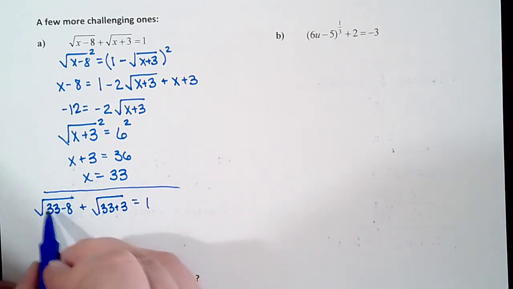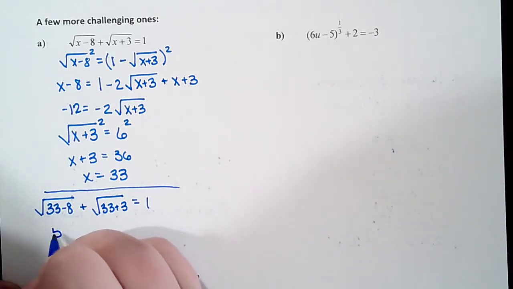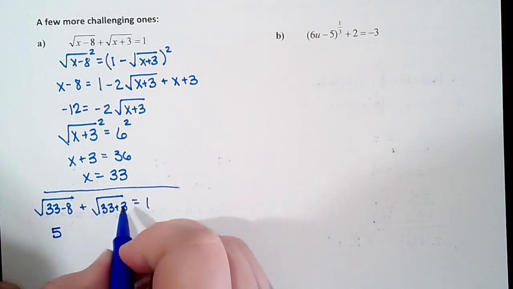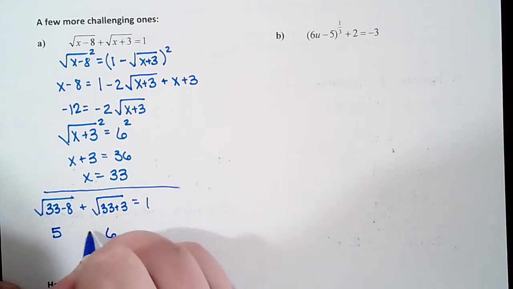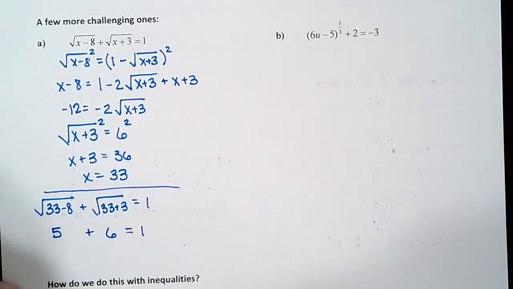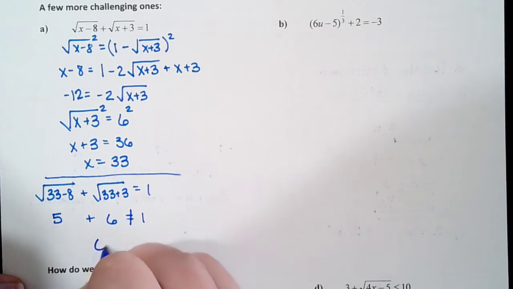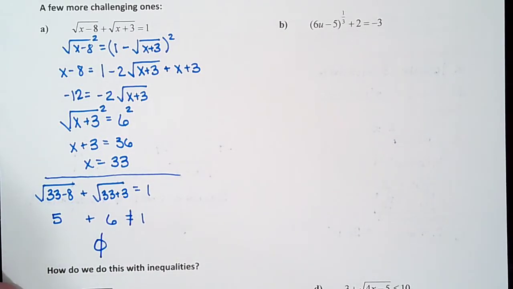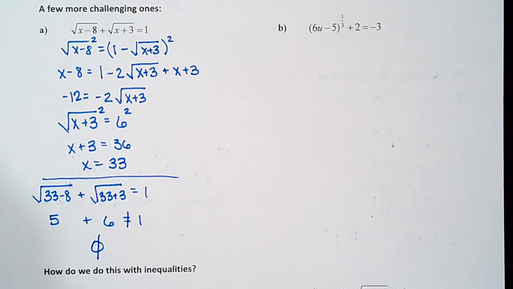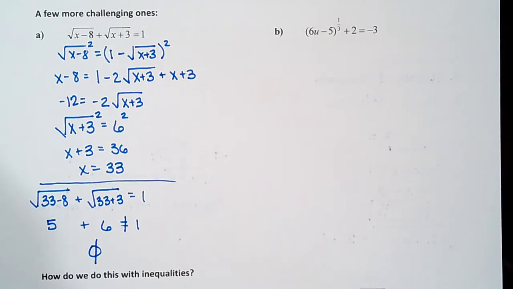However, when we do this, we're going to get the square root of 25, which is 5, plus the square root of 36, which is 6, and we all know very well that 5 plus 6 does not equal 1. So because our solution did not end up working, this is a no solution problem. And these are very common, so don't freak out when you don't get a solution.